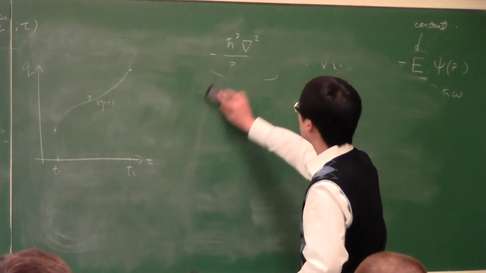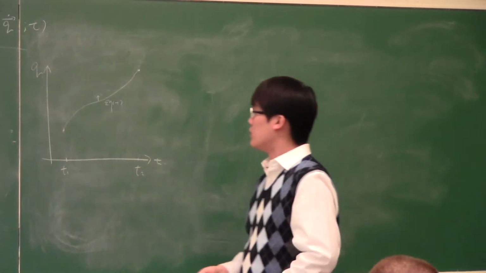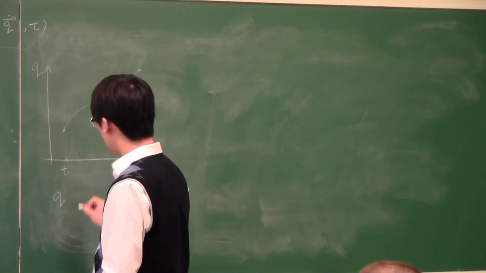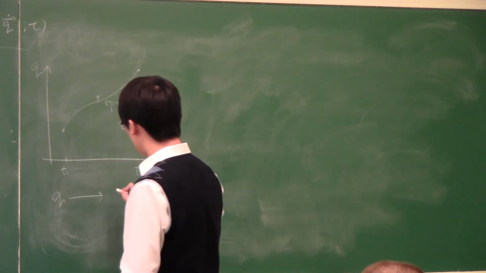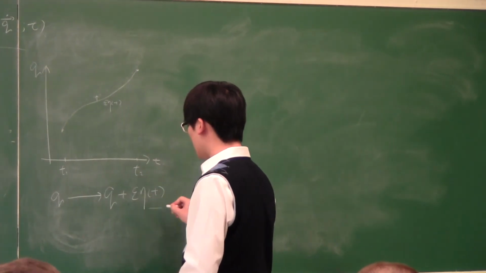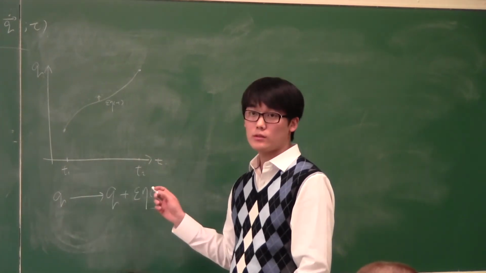Okay, and to do that, what we will do is, for the new path, we take q, and after the variation it goes to q plus epsilon eta of t. So this eta is some arbitrary function with vanishing endpoints. Okay.